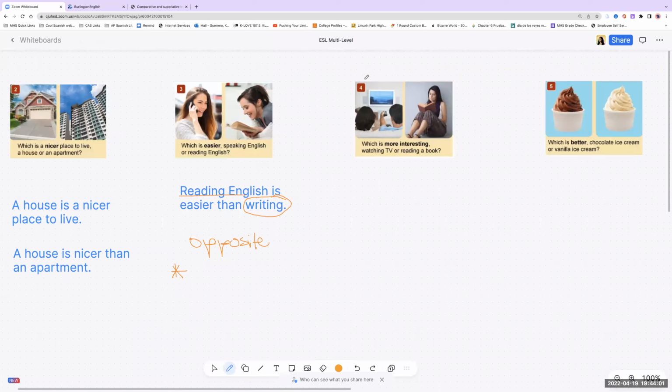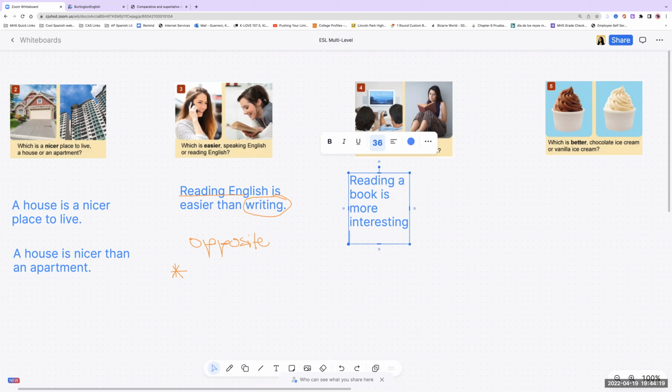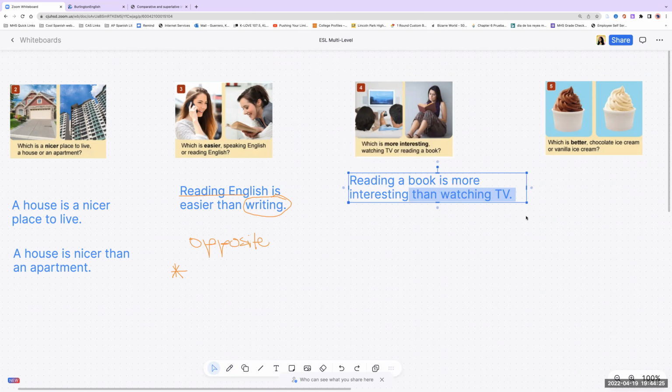So looking at number 4, which is more interesting, watching TV or reading a book? I'm going to go ahead and put my response, and this is my example.